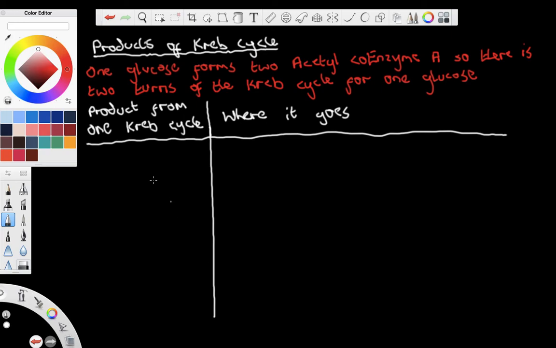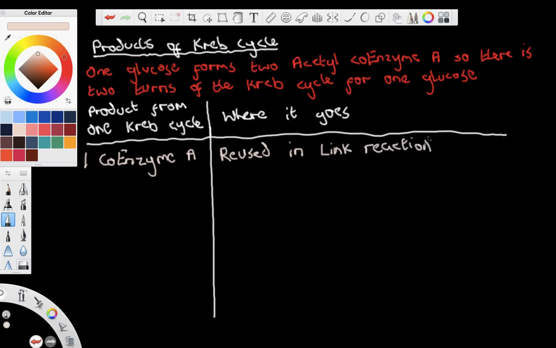Okay, the first molecule we need to talk about is 1 coenzyme A. So for every turn of the Krebs cycle, you're going to have 1 coenzyme A released, and it's reused in the link reaction.